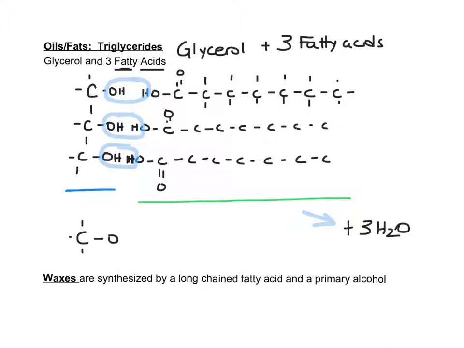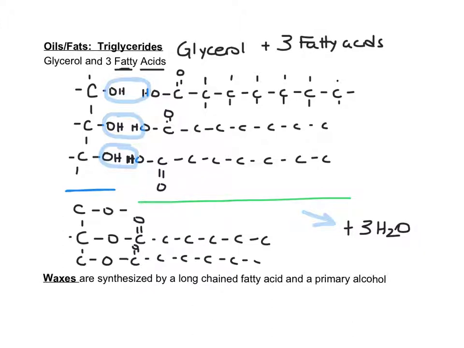And then you would get the O, and then the carbon with the double bond O, and C, C, C, C, C. And then if you kept going, you would get another one. I might as well draw it out because then it's sort of clear to see. C, C, C, C, C. So as you can see, you have a new formed thing with the 3. Do not forget you have formed 3 water molecules.